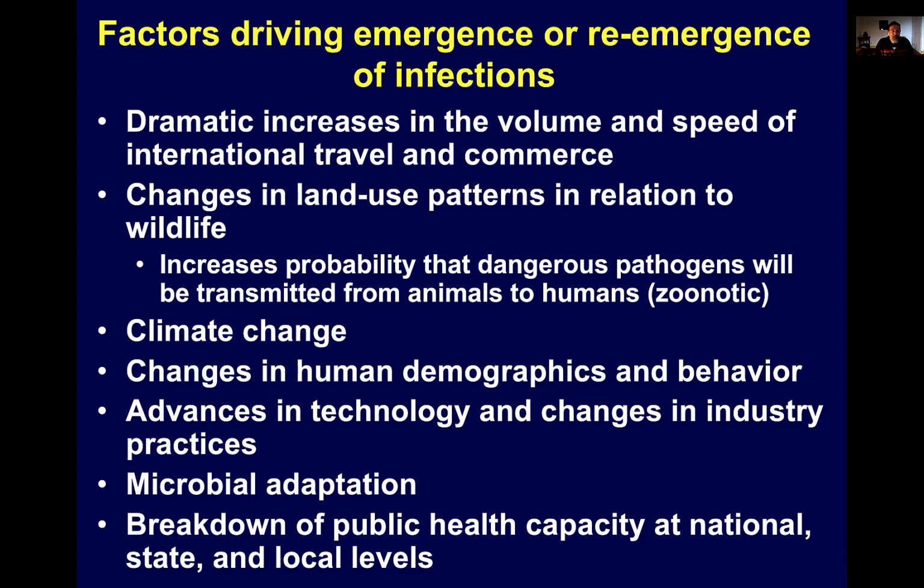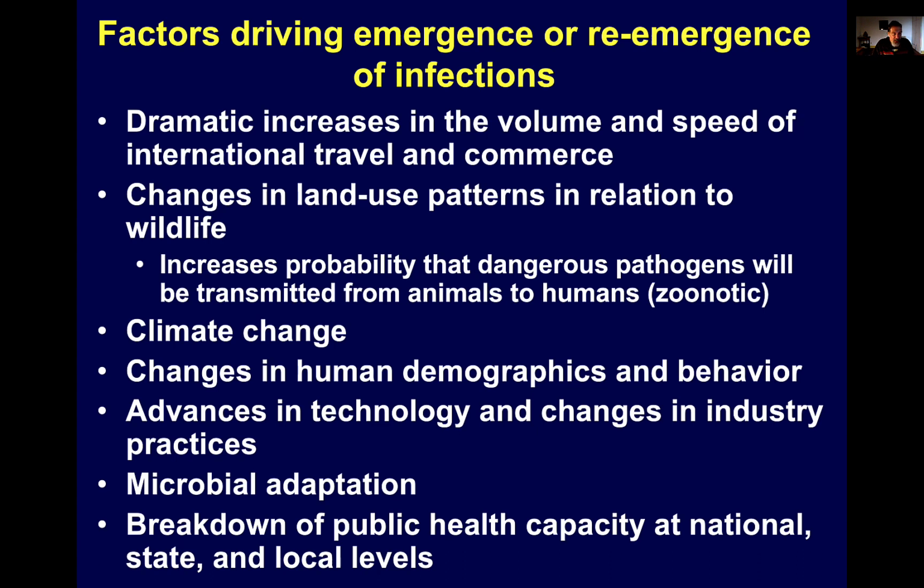And we can think about some of the factors that are driving the emergence or reemergence of these infections, right? Of course, the dramatic increases in the volume and spread of international travel and commerce. There's also been a lot of changes in land use patterns in relation to wildlife, and this just increases the probability that dangerous pathogens will be transmitted from animals to humans.